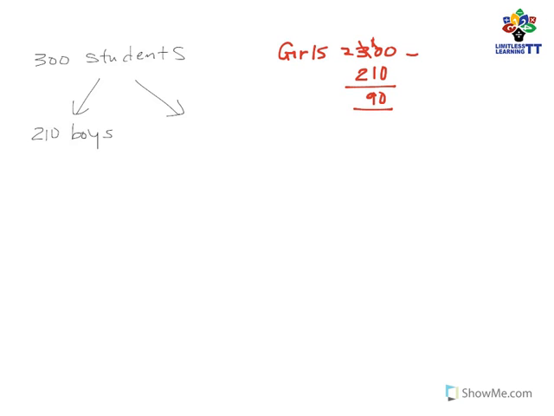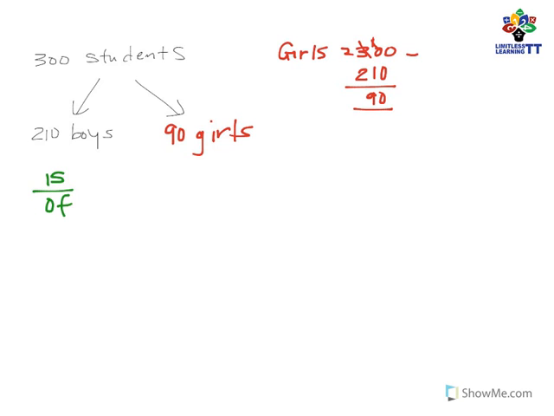So right here, I'm going to put down 90 girls. And my question asks, what percentage of the students is girls? When we have of and is in a sentence, we do is over of.